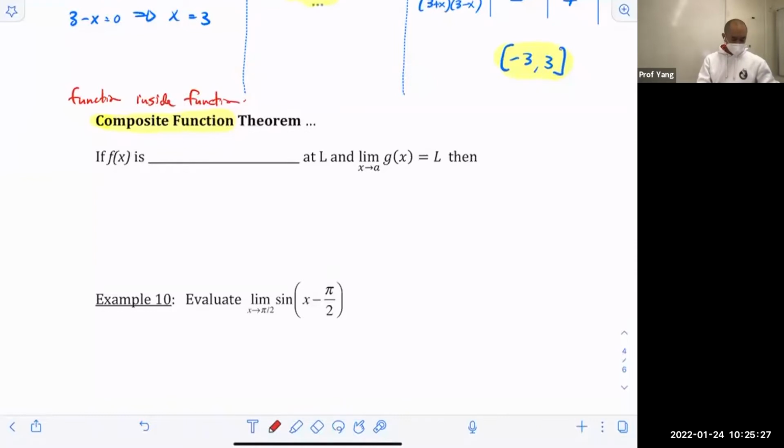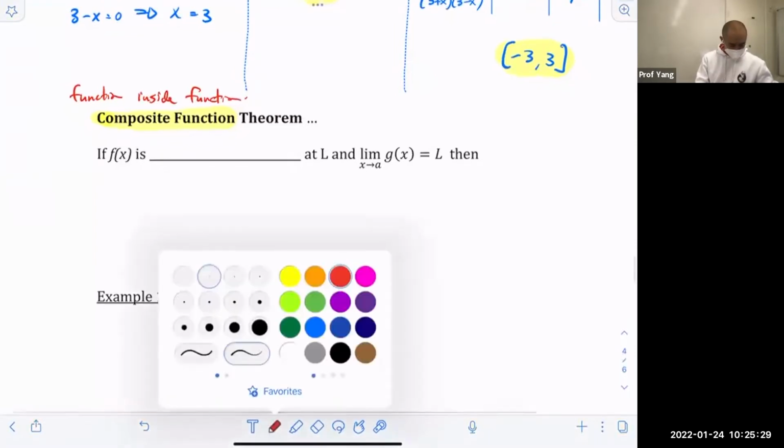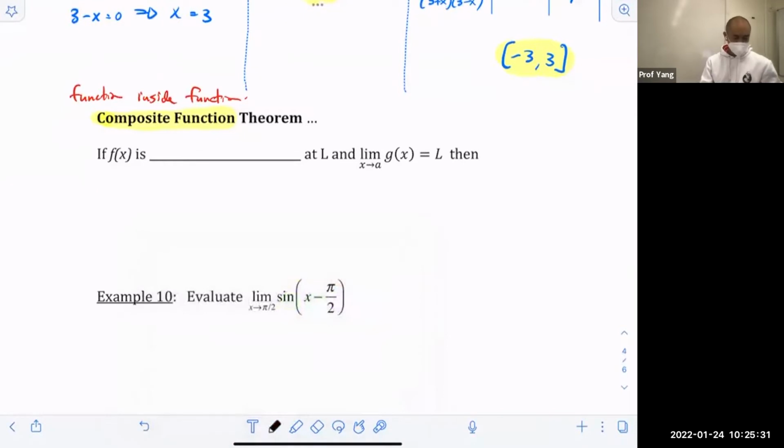So let me explain what the theorem is saying first, and then I'll draw a picture to help you understand it.